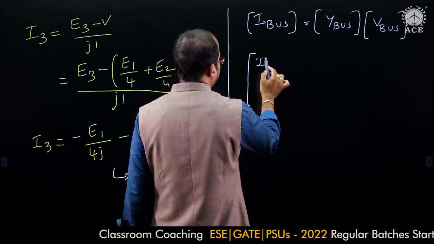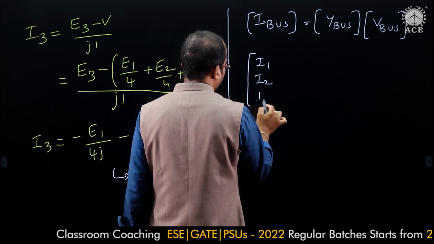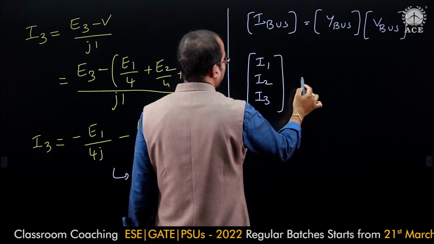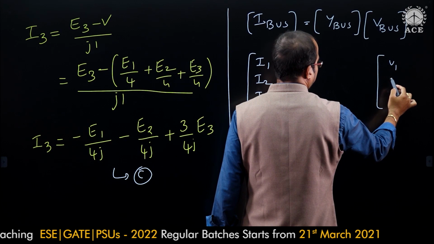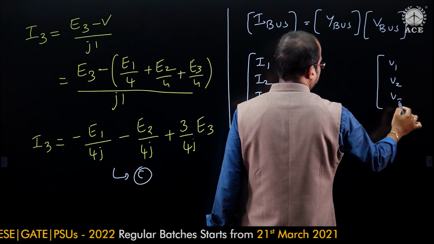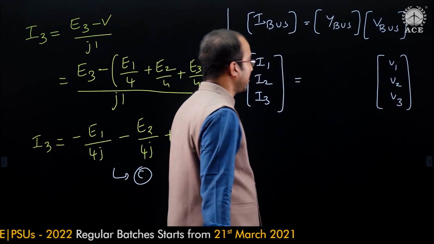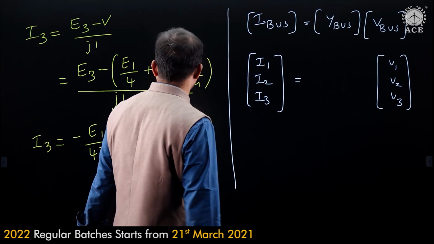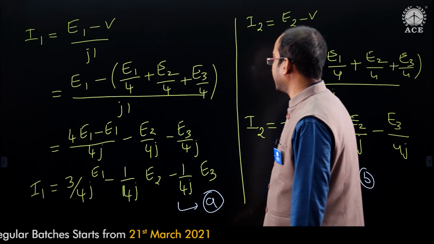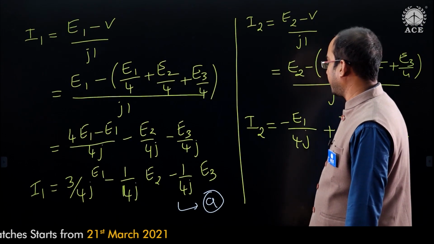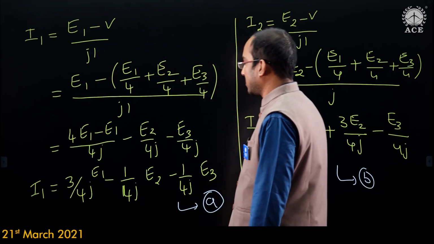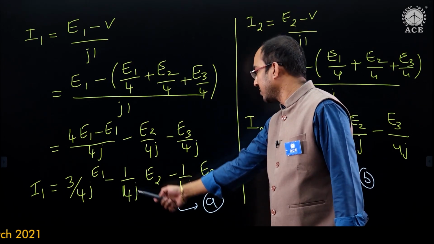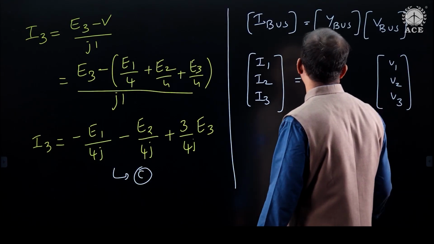So, consider the column matrix I1, I2 and I3, and 3 voltages V1, V2 and V3. So, if you observe here, the I1 value will be what? 3 by 4j, minus 1 by 4j, minus 1 by 4j.